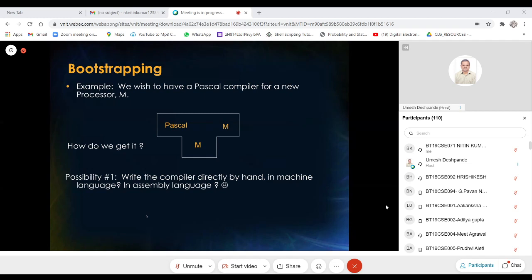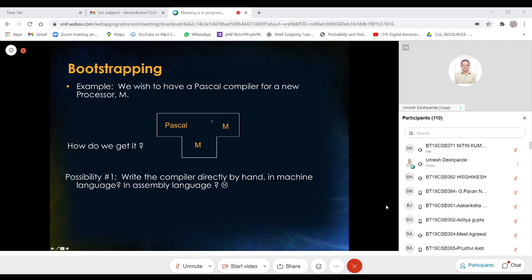Let's call the processor M. So essentially, we want this particular translator whose source language is Pascal. That is, it can take any program written in Pascal as input, and this translator translates that program written in Pascal to an equivalent program that can execute on the machine M.